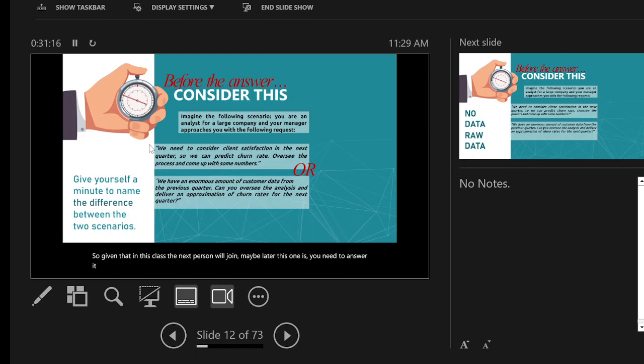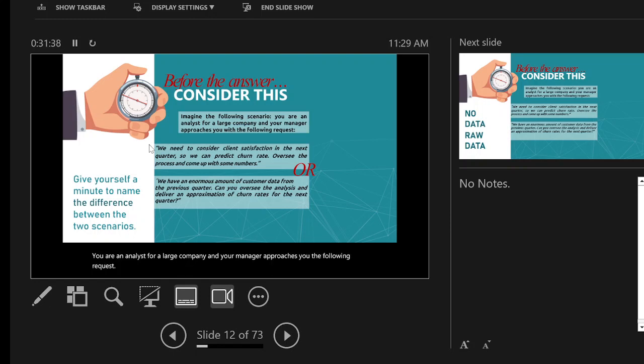Before the answer, consider this. You are going to give yourself a minute to learn the difference between the two scenarios. So imagine the following scenario. You are an analyst for a large company and your manager approaches you with the following request.